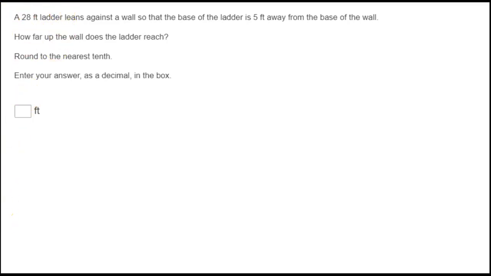If we were to sketch this out, let's see if I can go ahead and sketch it out for you really quick here. We see that a 28-foot ladder leans against a wall. So here's a 28-foot ladder. So that the base of the ladder is 5 feet away from the base of the wall.